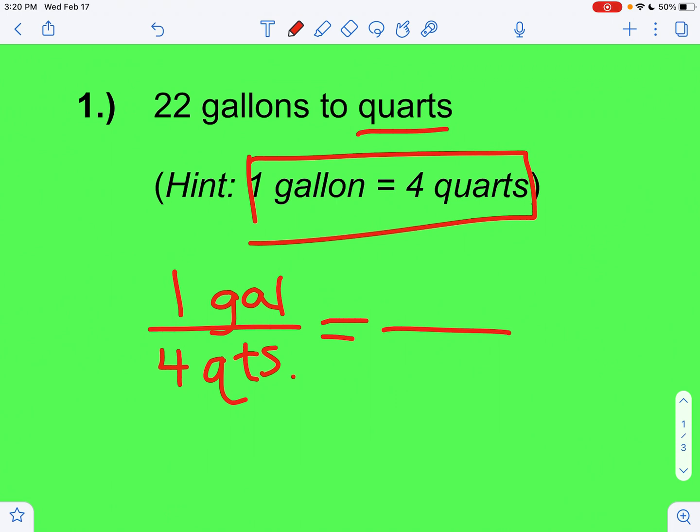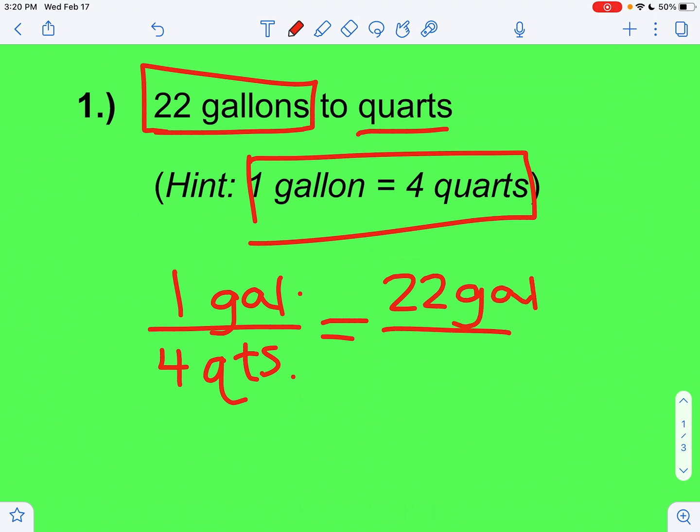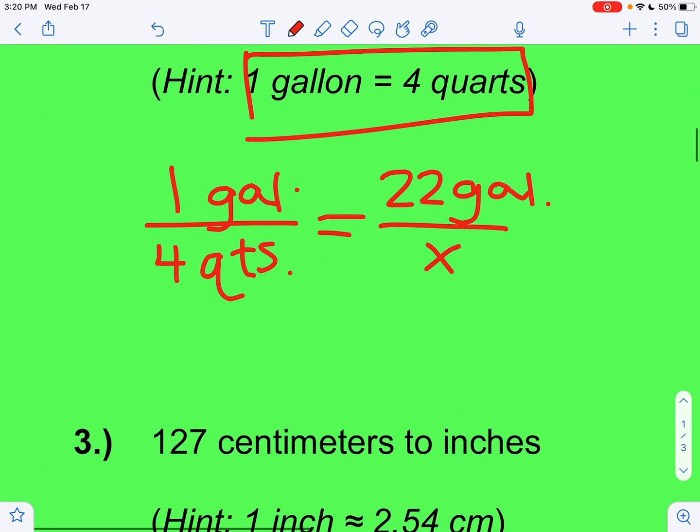That's the conversion factor. Now we know 22 gallons. So 22 gallons is going to go on the same side as gallons is in the first ratio, so it goes on the top. But we don't know how many quarts are in 22 gallons, so that's an X. Now we solve our proportion just like we would in all the other lessons.